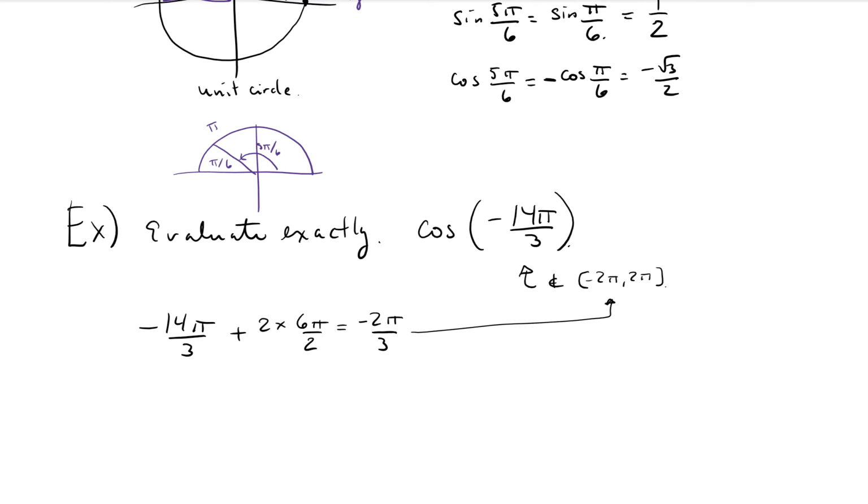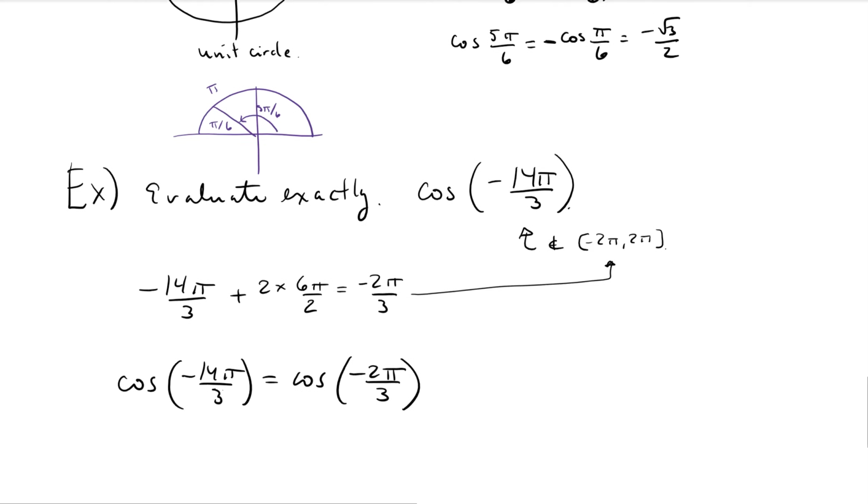So the cosine of the angle we're looking for is also the cosine of minus 2 pi over 3. I could also have added another 2 pi to fall back to a positive angle. That's also possible. So this angle is coterminal, so it shares the same cosine.